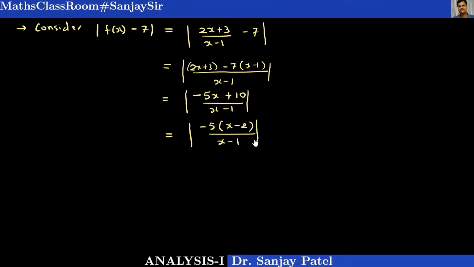Using the properties of modulus, I can rewrite this as 5 times mod of x minus 2 upon mod of x minus 1. Remember that I am using these simple rules or properties of modulus, something like this.